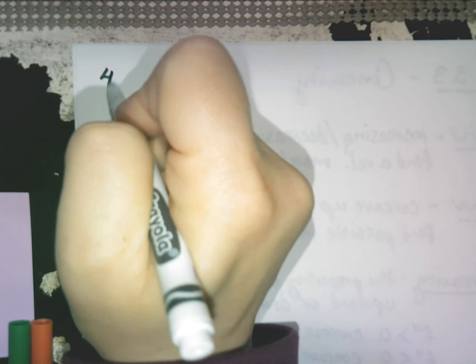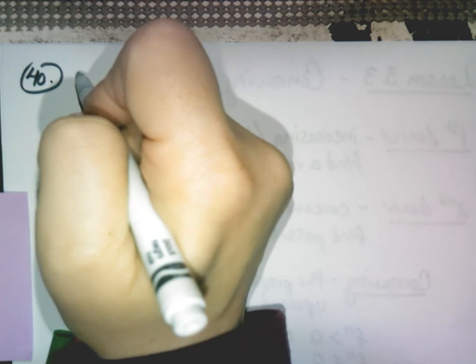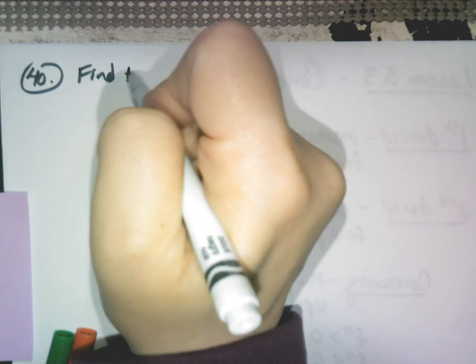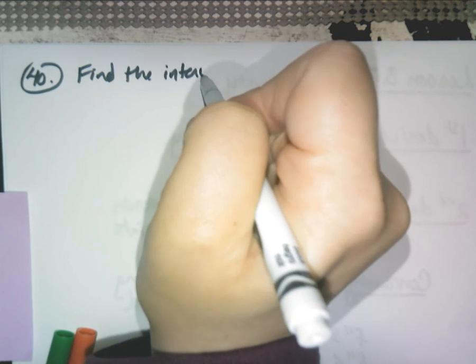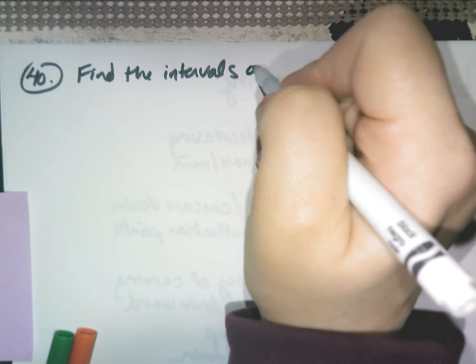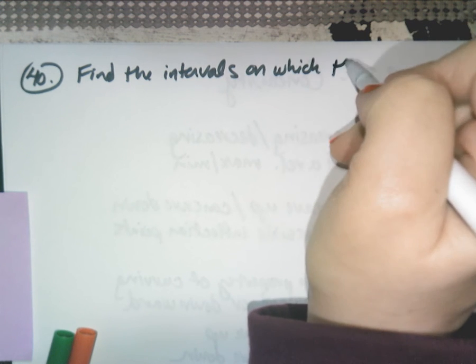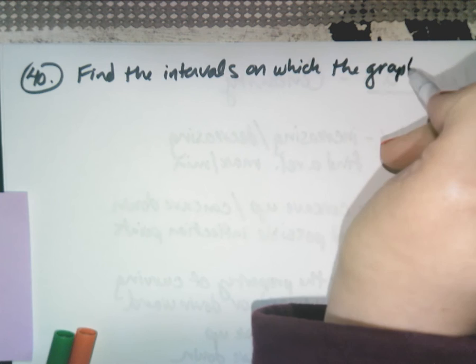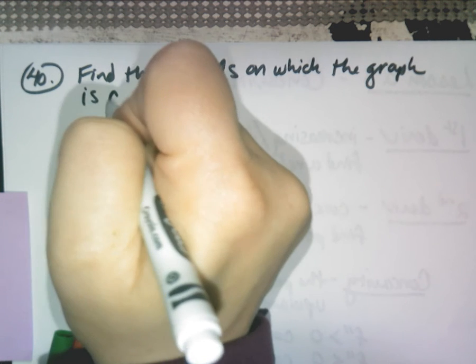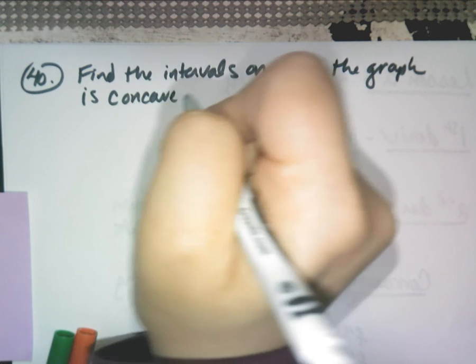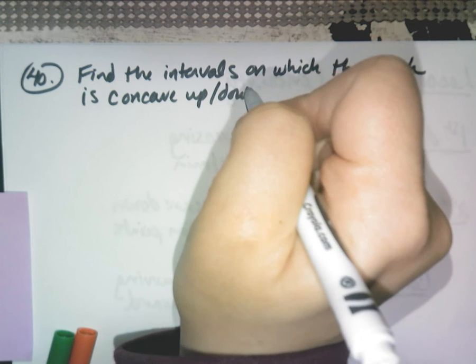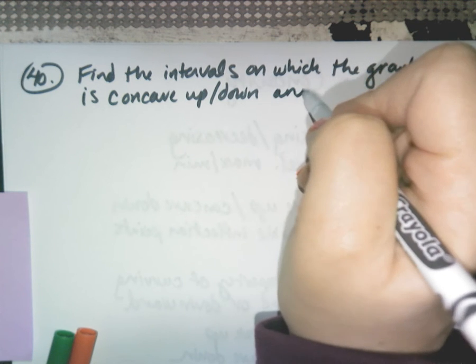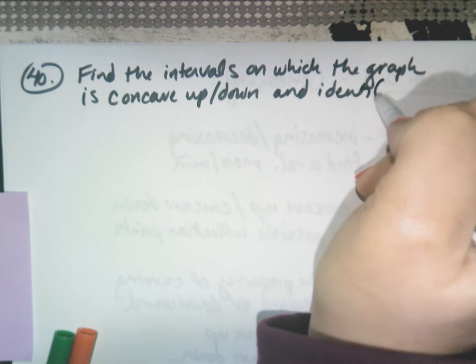I'm going to write down what the directions say for both of these problems so you can understand what we have to do, and then we'll do the actual problem. The directions say the same thing: find the intervals on which the graph is concave up or down, and identify all extrema.